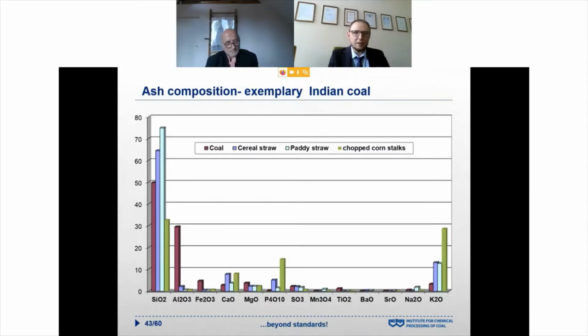As you can see, paddy straw has quite a big content of silica, and also quite a big content of sodium.